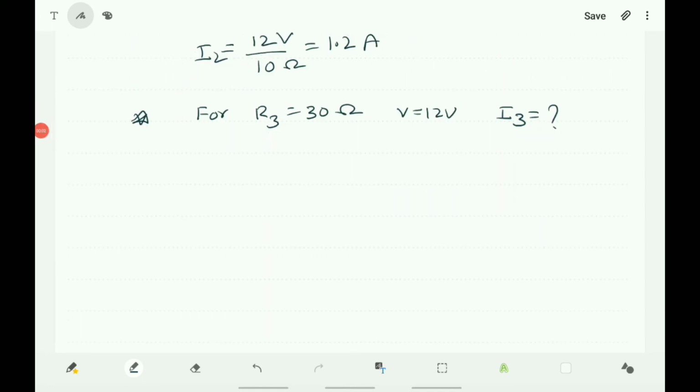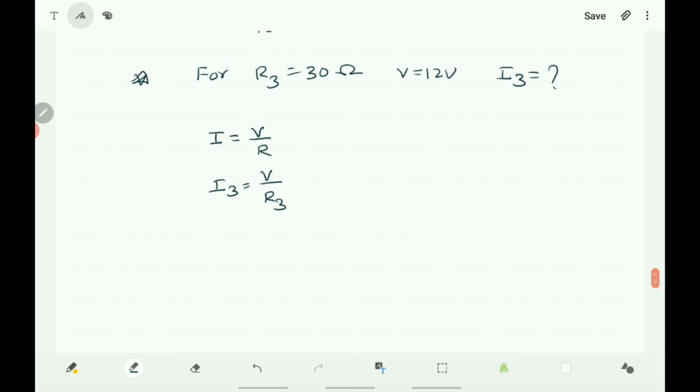Write the same formula according to Ohm's law, I is equal to V by R, that is I3 is equal to V by R3, and I3 is equal to V is 12 volt and R3 is 30 ohm, that is 12 V by 30 is equal to 0.4 ampere.